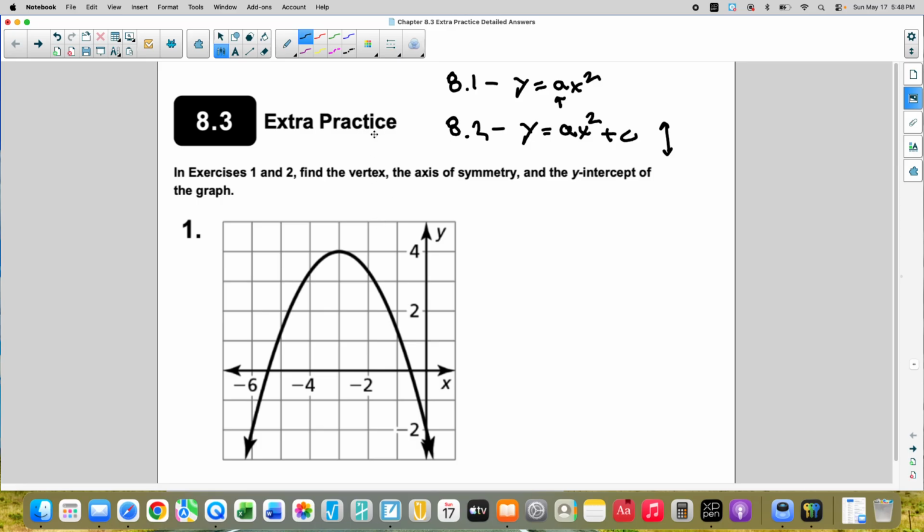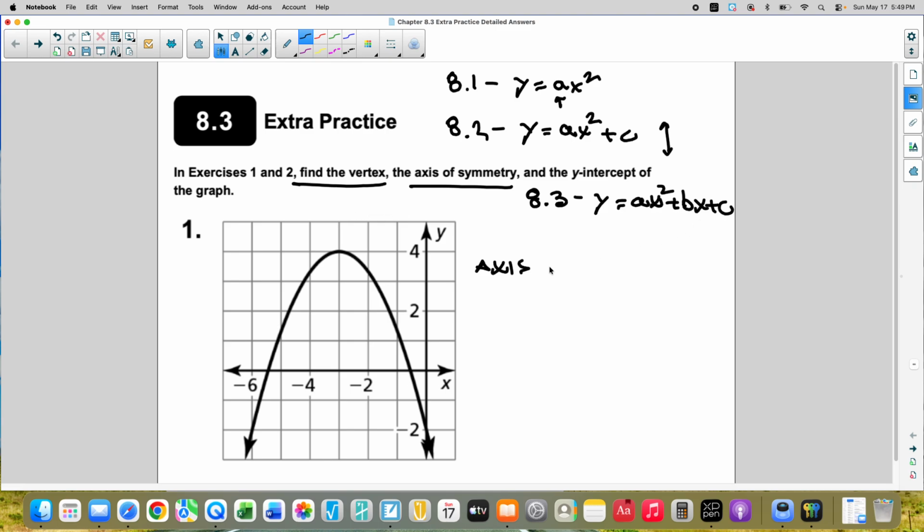So we're going to work with the axis of symmetry and the vertex. So the vertex is going to be a point. So now we're dealing with ax squared plus bx plus c. And the vertex, so the axis of symmetry, we can actually find the x value of the axis of symmetry.